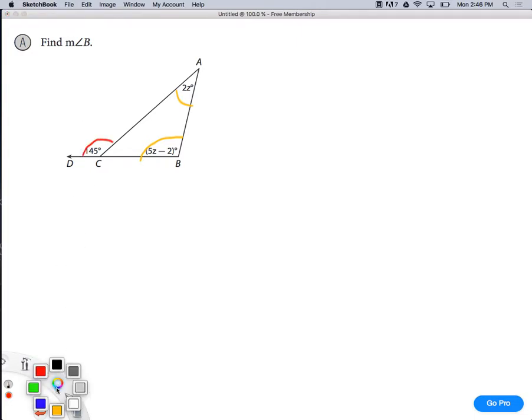So how do we find the measure of angle B? We set the sum of the two remote interior angles equal to the exterior.